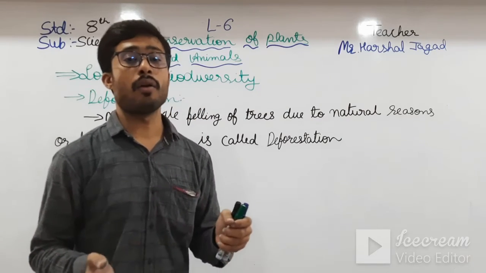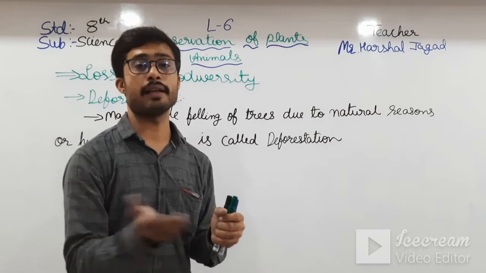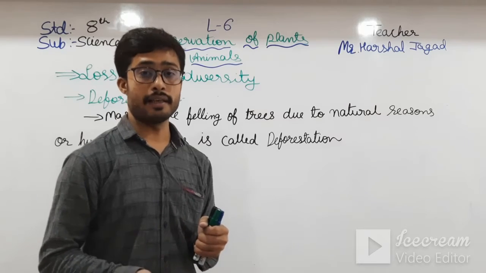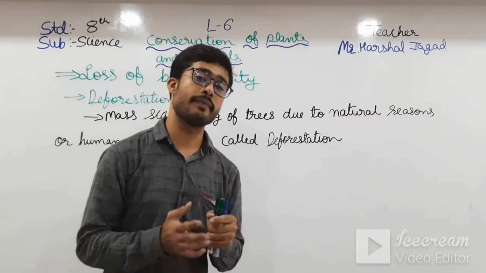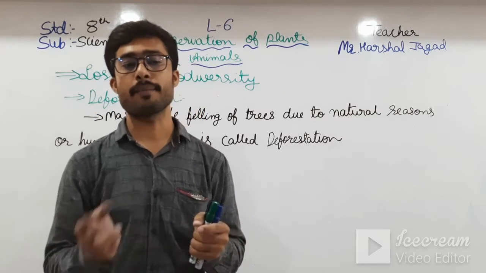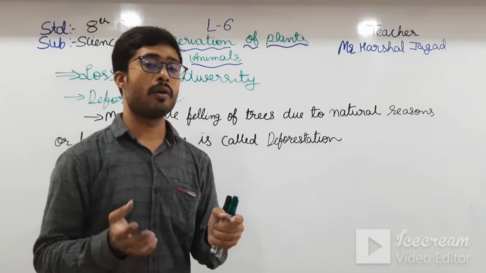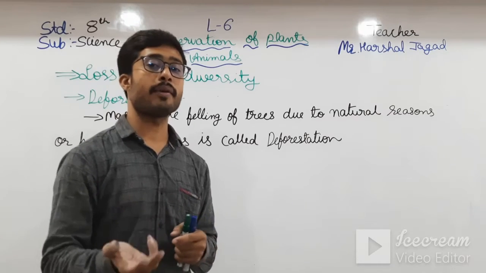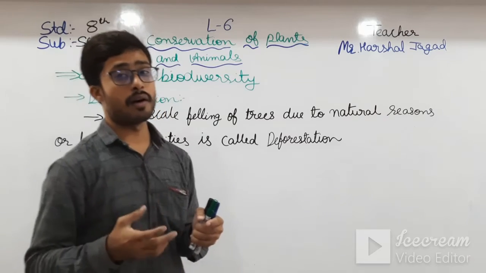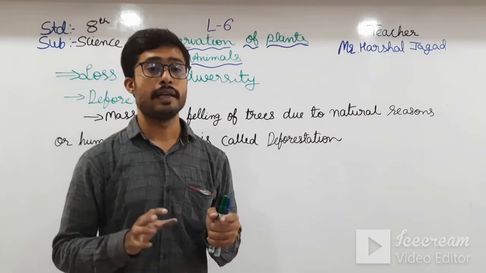We all know, as deforestation increases, we are cutting the forest for wood and some other things. So as forest becomes less, the rotation of carbon dioxide into oxygen and oxygen into carbon dioxide is affected. Oxygen to carbon dioxide is increasing day by day, but carbon dioxide to oxygen is not increasing.